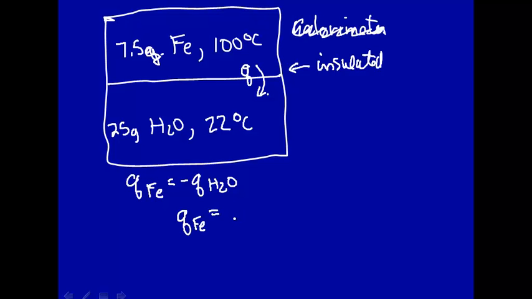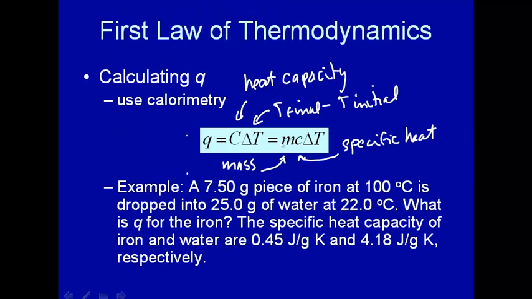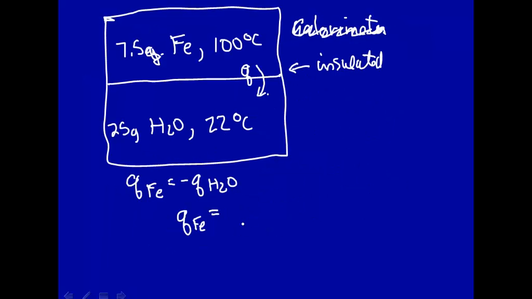Well, that is equal to, from our previous equation, let's see, we're given the specific heat capacity of iron. So we'll use this second form to calculate Q, m c delta T. So m is 7.5 grams.